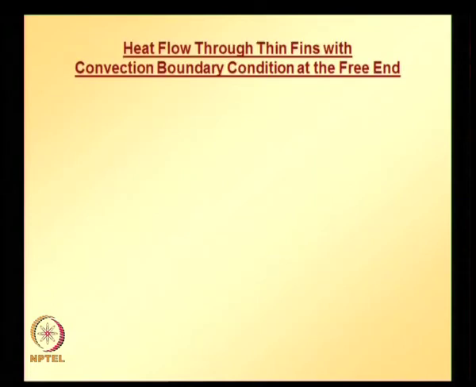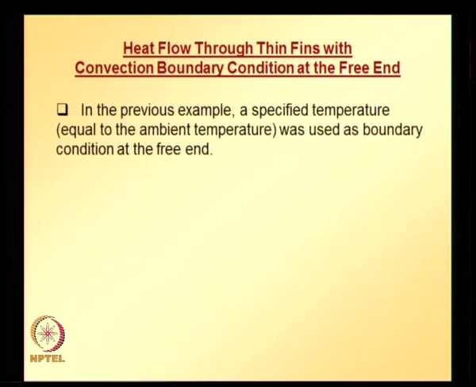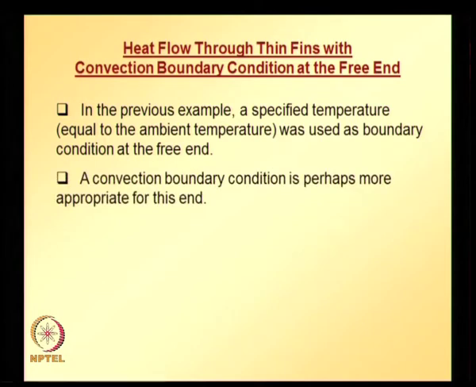Heat flow through thin fins with convection boundary condition at the free end. In the previous example, a specified temperature equal to ambient temperature was used as the boundary condition at the free end. A convection boundary condition is perhaps more appropriate for this end.